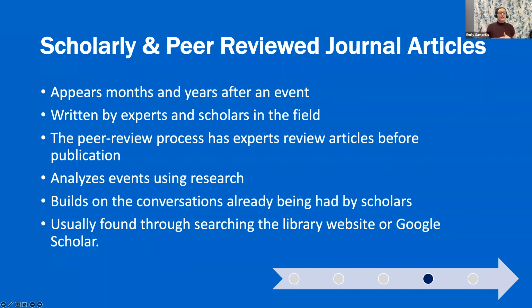So if you're seeing the article on Google Scholar, I recommend you copy that title over and put it into the library search to see if we have access to the article as well. If you're not able to get access to the article, do not pay for the article, because we have interlibrary loan, like I mentioned before, and they will be able to get you a digital or physical copy of the resource.